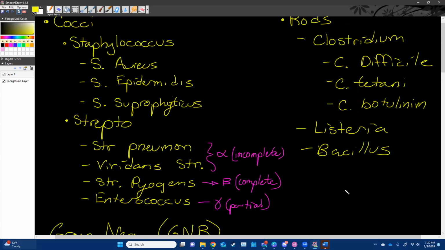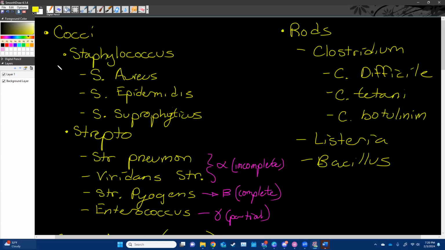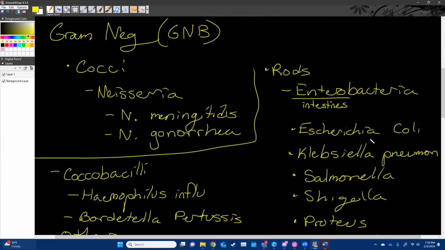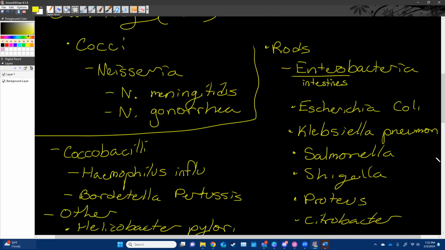So again, just to make this clear, whenever you see staph, strep, or Clostridium, gram positive. Listeria as well, Listeria should go in there. If it's not staph, strep, Clostridium, or Listeria, what is it? Gram negative.